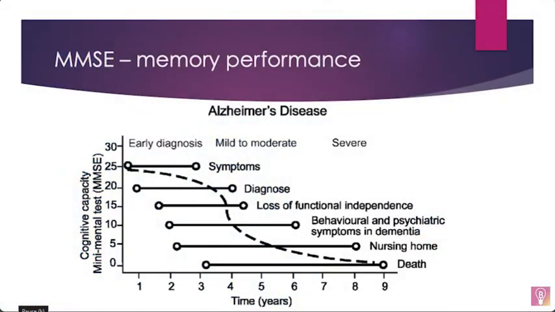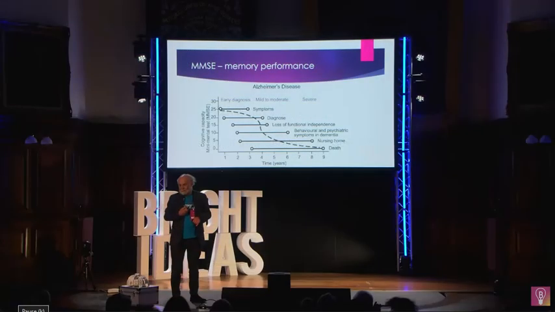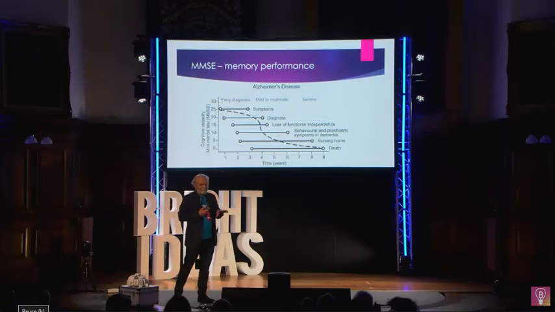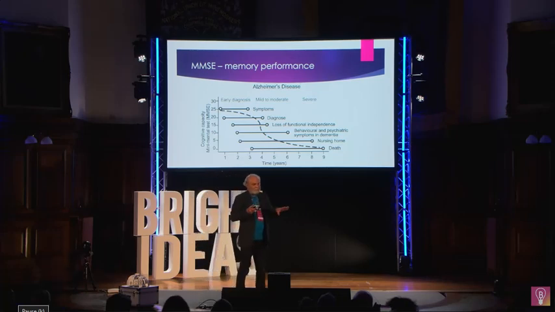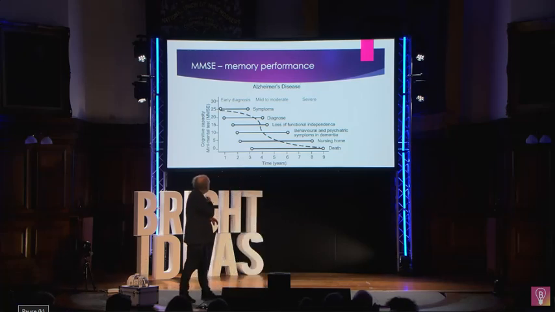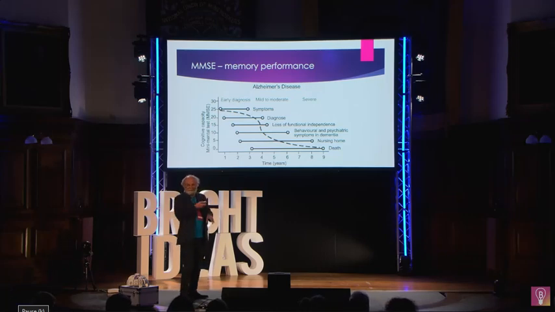The other thing I'm going to show you in terms of data is a very commonly used memory score, the so-called mini-mental score, which is a classic memory test for a range of memories. This is the sort of graph that depicts what happens. Most of the people in the audience, hopefully, are up here in the 30 to 25 range.